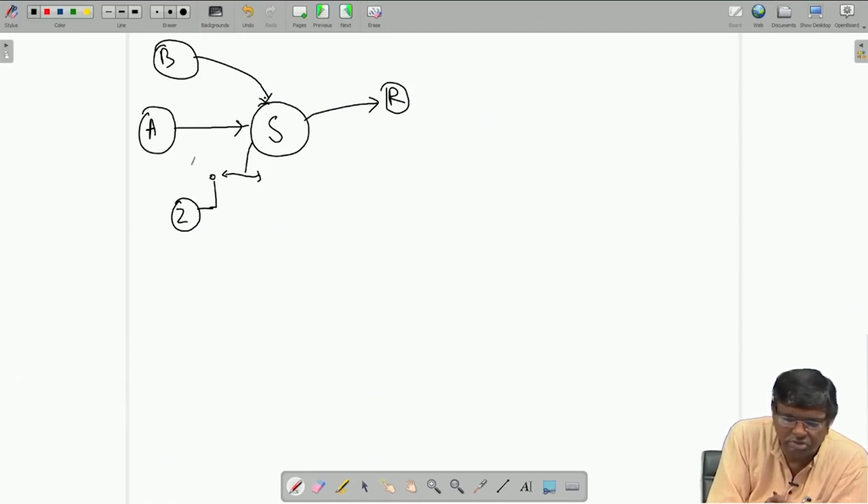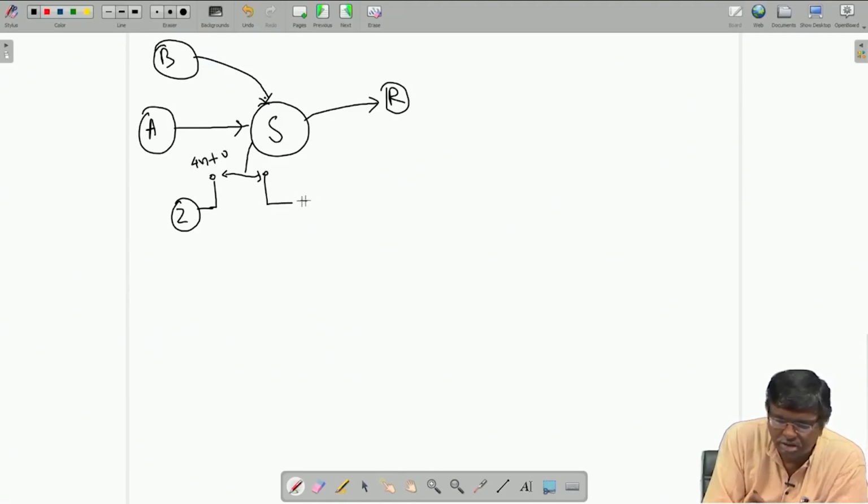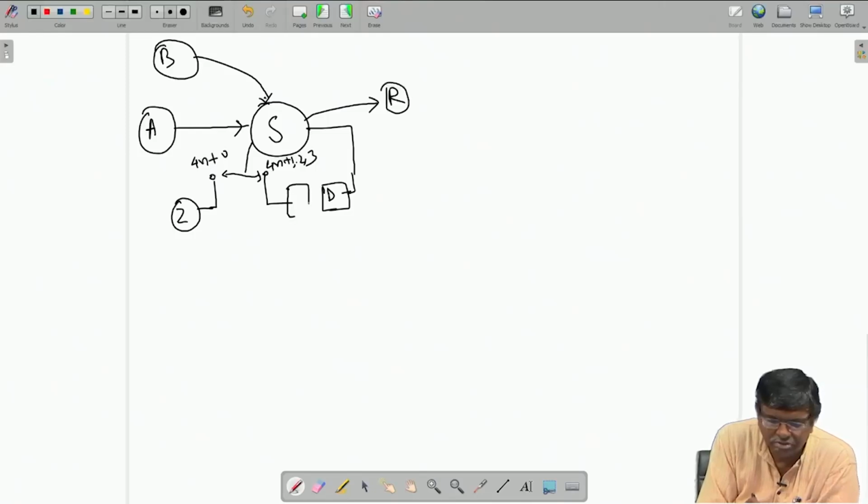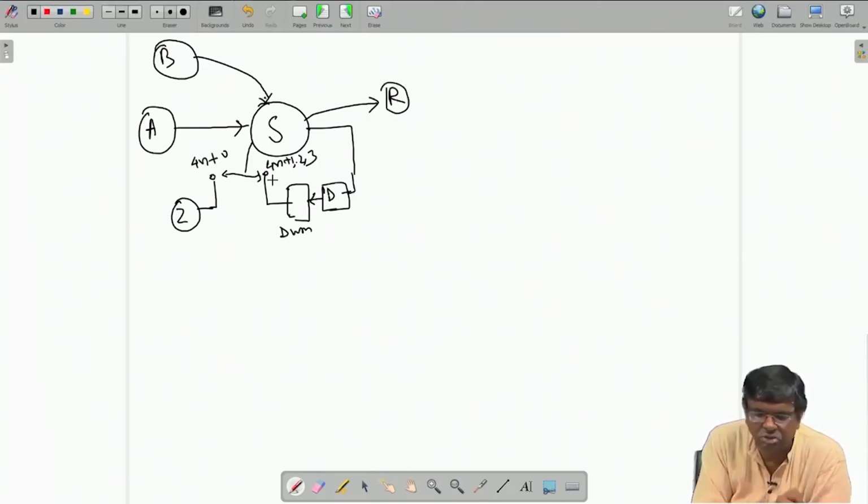Z node is connected at 4n plus 0, and this is connected to the carry by a delay at 4n plus 1, 2, 3. Since there is a delay, I will put a DOM here. This is DOM. So, between DOM and this S there is no delay, there is only switch.